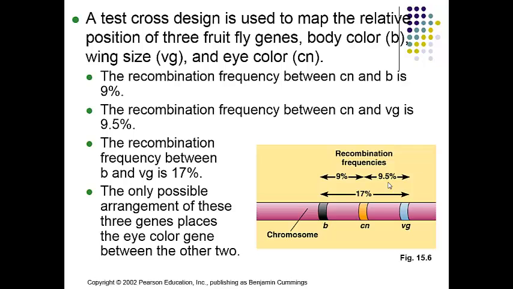Now, the numbers don't work out perfectly, but obviously, since B and VG have 17% recombination, they are the furthest apart. Since B and CN have 9% and CN and VG have 9.5%, you can make an educated guess that this gene for CN sits right smack in the middle of the other two genes.